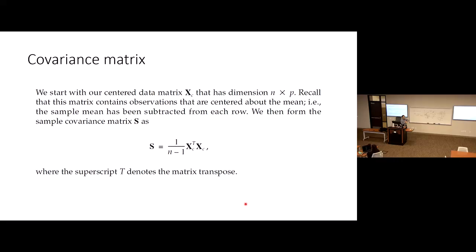Okay, the important concept, very important concept, is the covariance matrix. For today, okay? So G is this dot product.